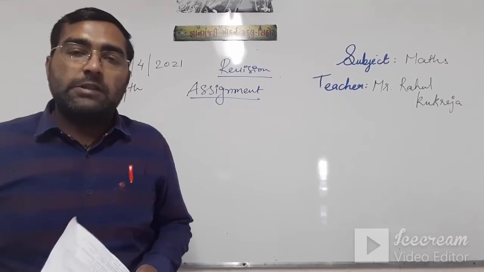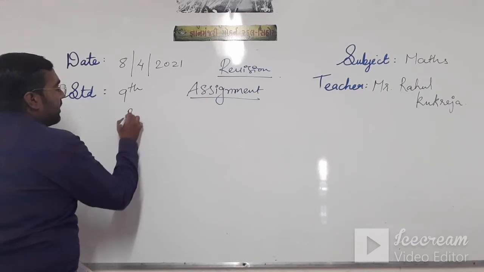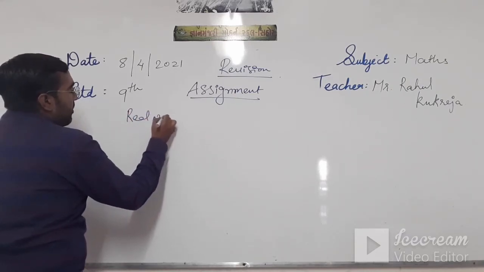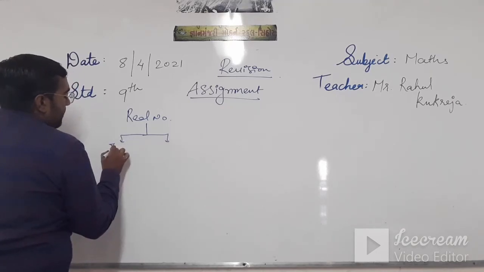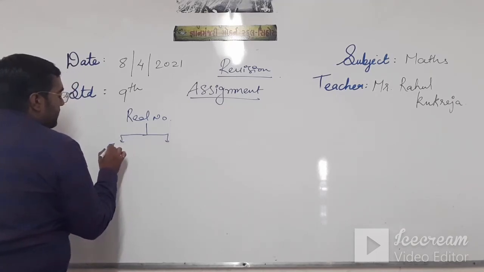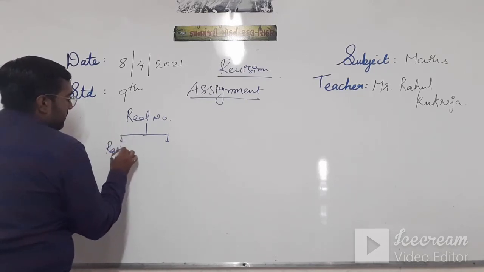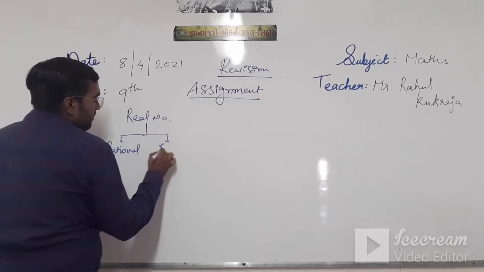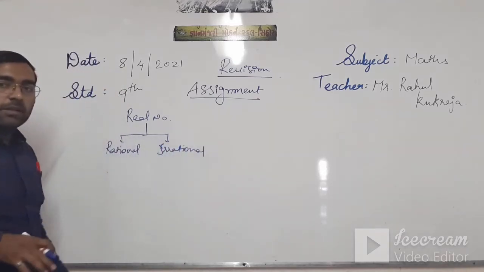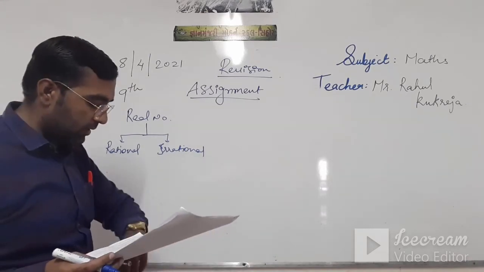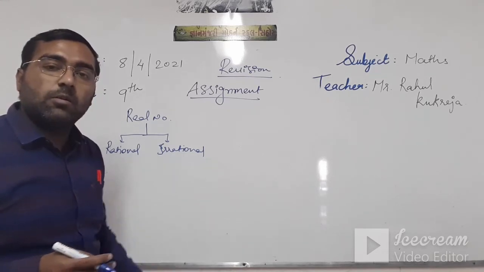As per the previous chart, we know that the real numbers have two types, rational and irrational. Okay, so now it says that every irrational number is a real number.